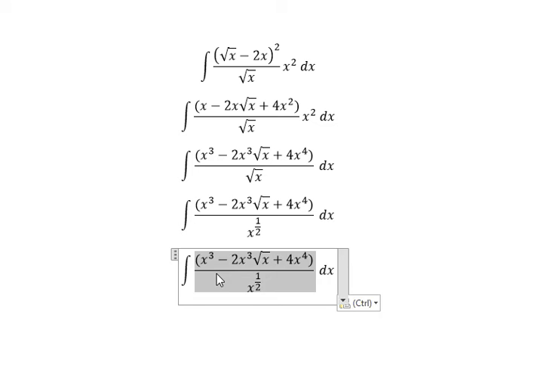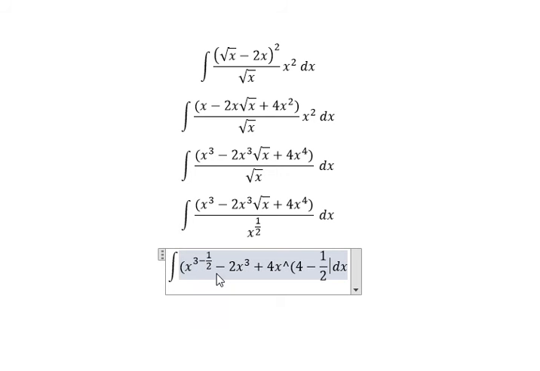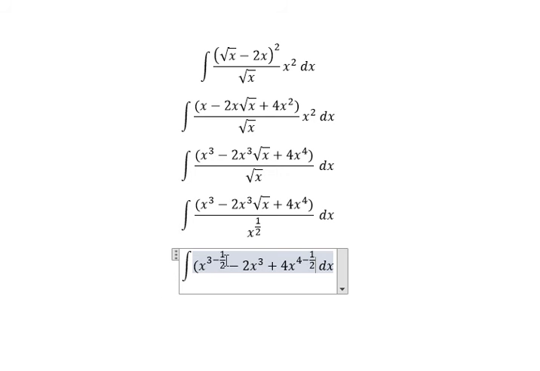So we will get s to the power of 3 minus 1 over 2, minus 2s to the power of 3, plus 4s to the power of 4 minus 1 over 2. So this one we got 5 over 2. This one we got 7 over 2.